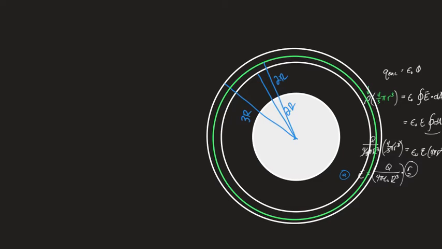Okay. So, Gauss's law. Q enclosed has to equal 0. We good? That has to be true. So the charge on the inner surface plus Q has to equal 0.